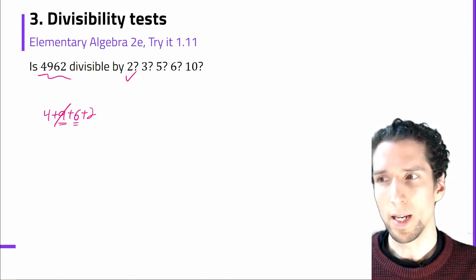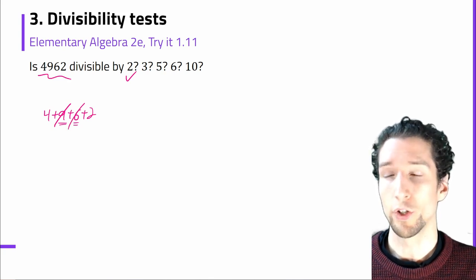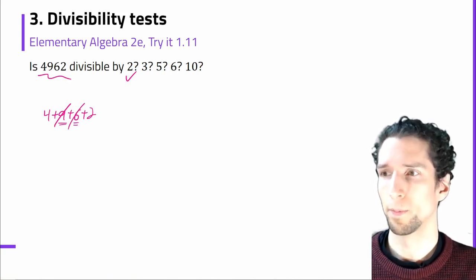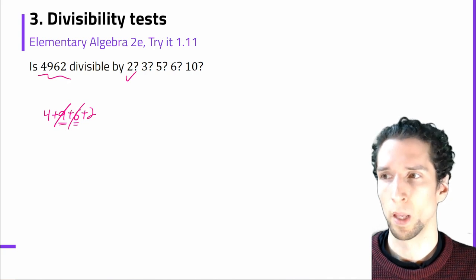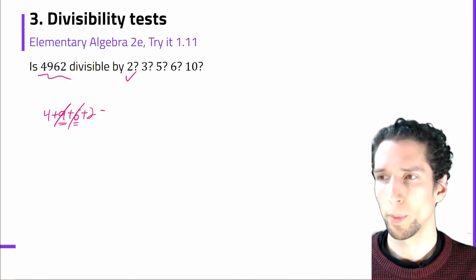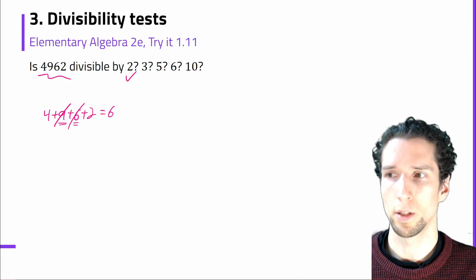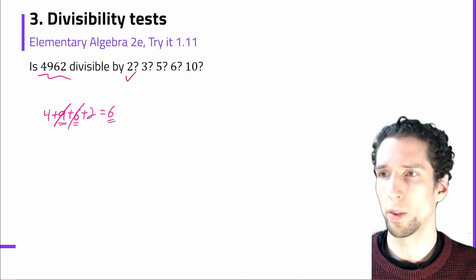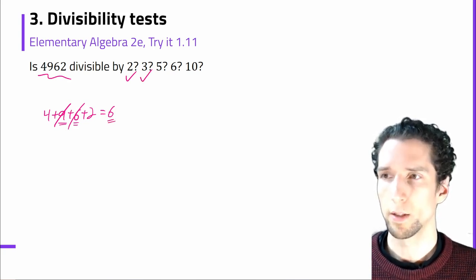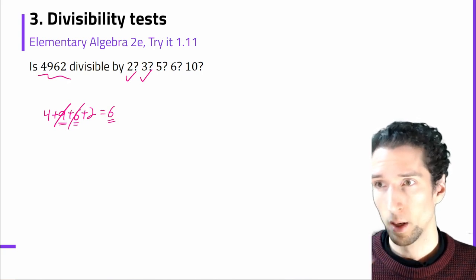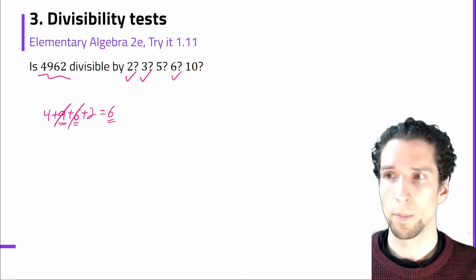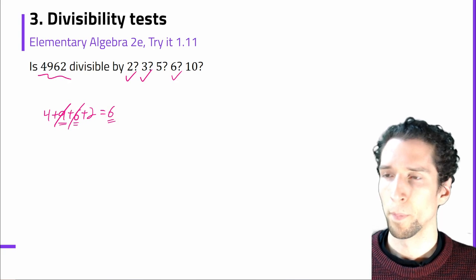I don't even need to add them. I can just look at the digits that are not divisible by 3. So 4 plus 2 is 6, which is divisible by 3, so yes. And it's divisible by 2 and 3, so it must be divisible by 6.